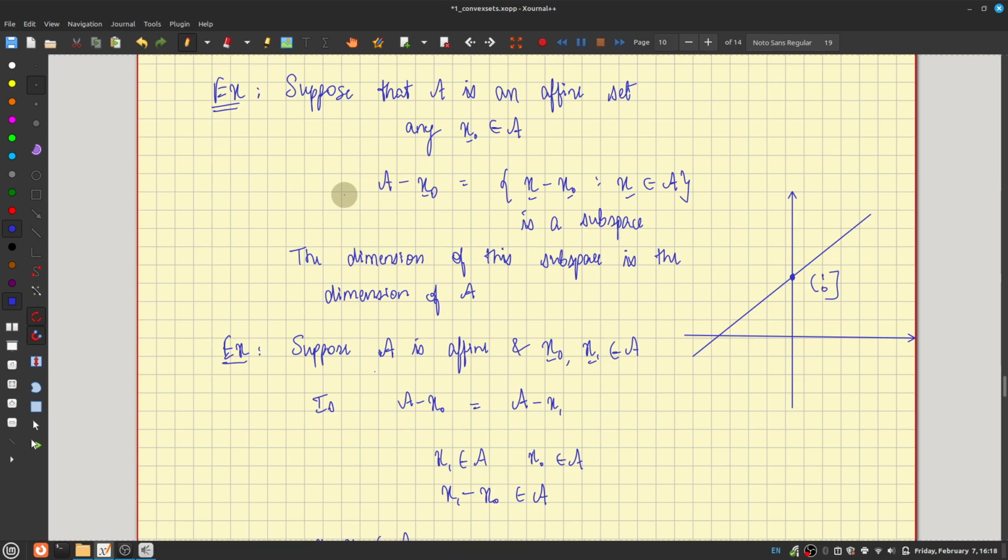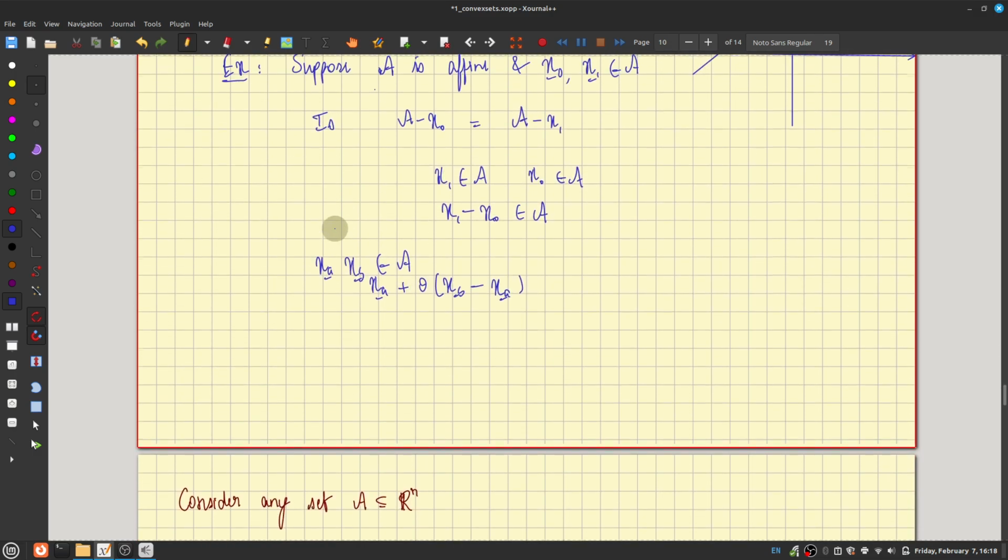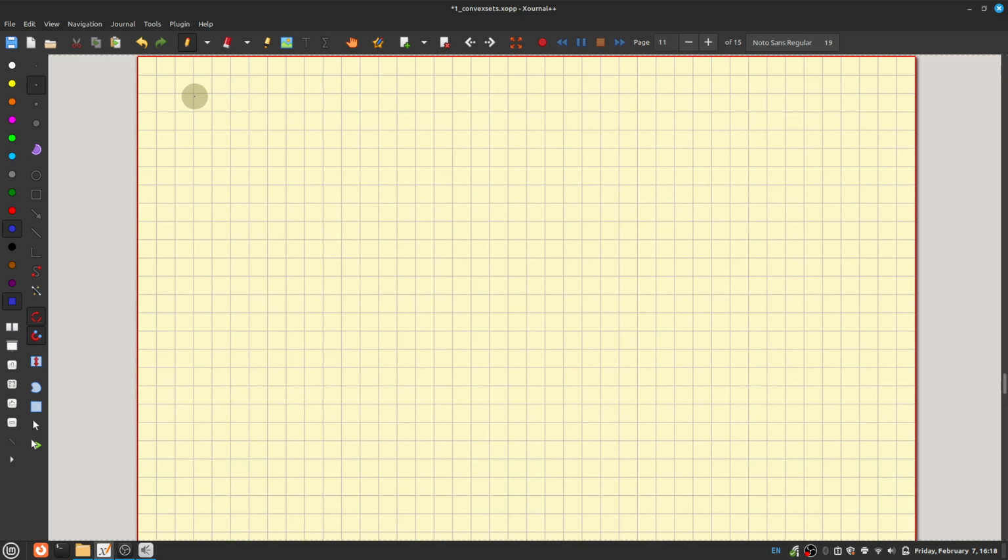If you are able to show, let me call this A prime, that A prime is closed under linear combinations, then it is a subspace, correct? So how do you go about it? I define A prime to be A minus x naught.